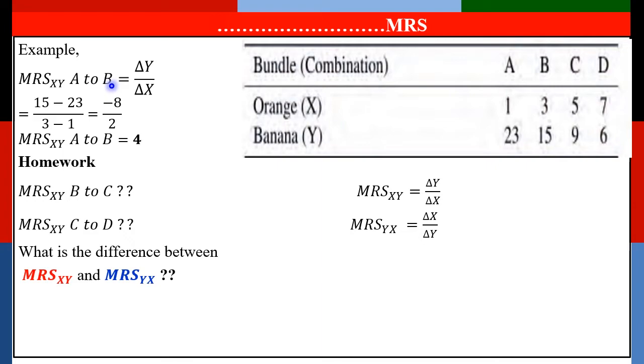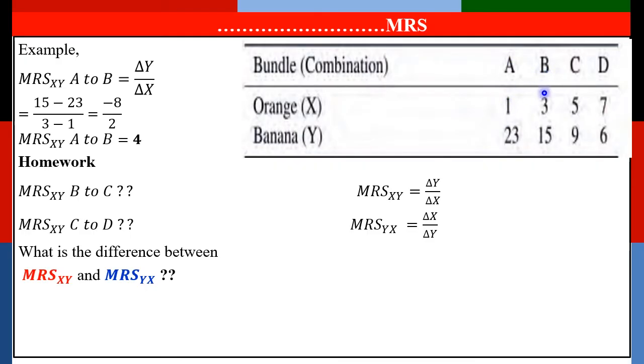So A to B means the change of what? Change of y over change of x. Change of y means y2 minus y1. Change of x means x2 minus x1. Initially the individual is at this point, this is x1.